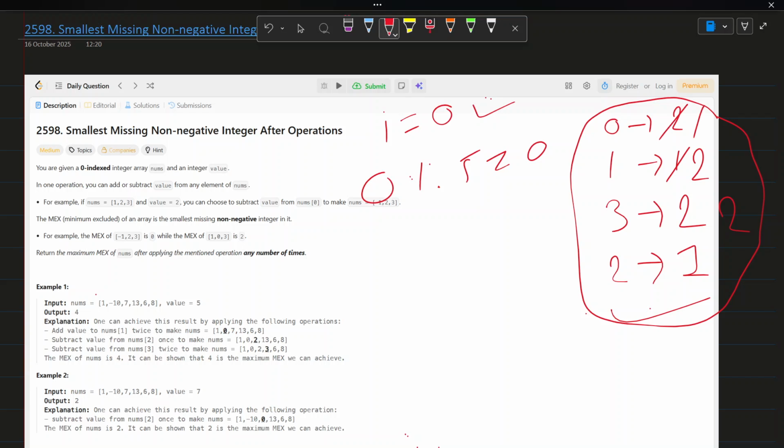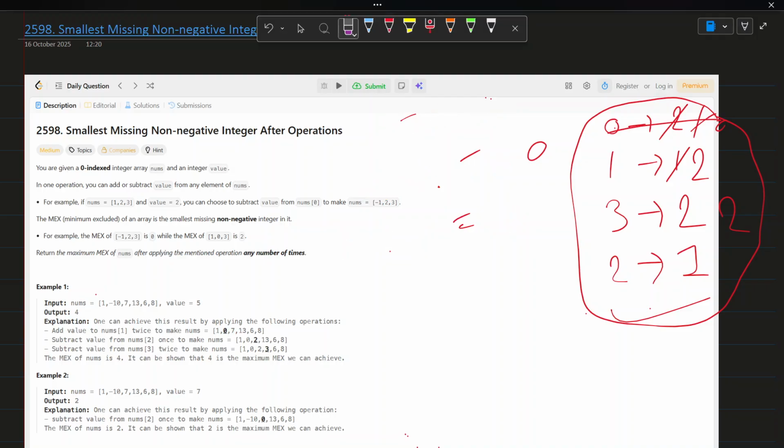Then I plus plus, and 1 modulo 5, so what is our answer? The answer is again 0.